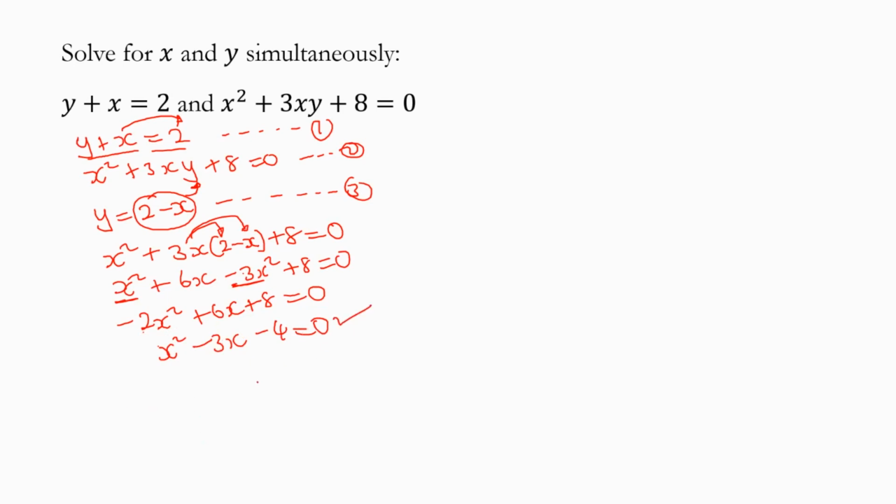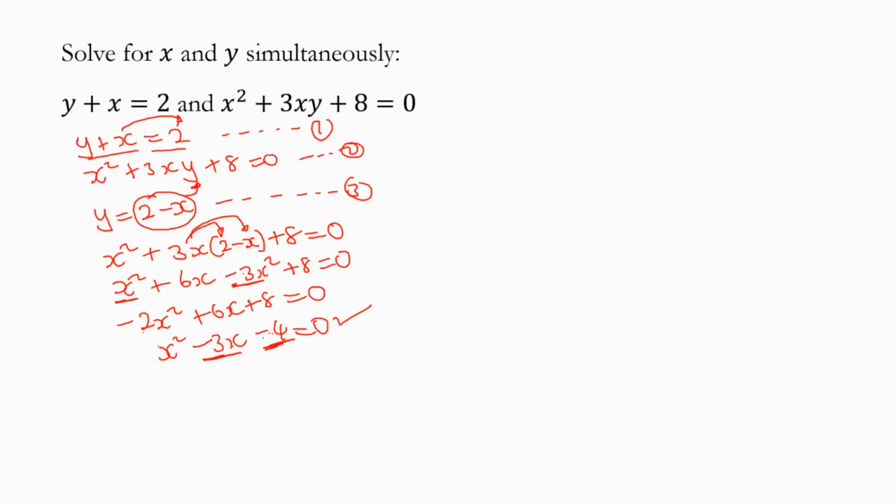Then we need to solve for x. Negative 4 shows us that one factor is negative and the other factor is positive. Then negative 3 shows that the bigger factor is the negative one. It can be 4 and 1. So it means negative 4 plus 1.